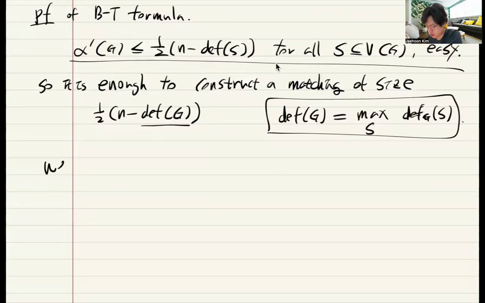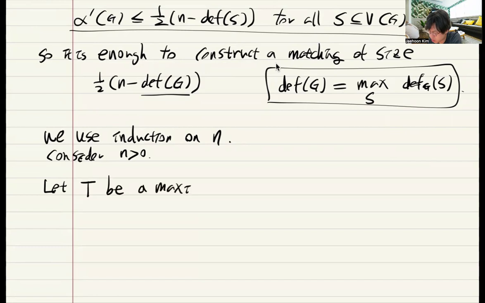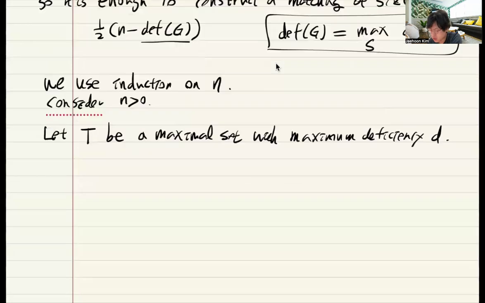So again, we use induction on n, the number of vertices. And of course, consider n positive. Otherwise, there is nothing to prove. And again, our plan was to take the set T, which is a maximal set with maximum deficiency, say D. Then what do we have?